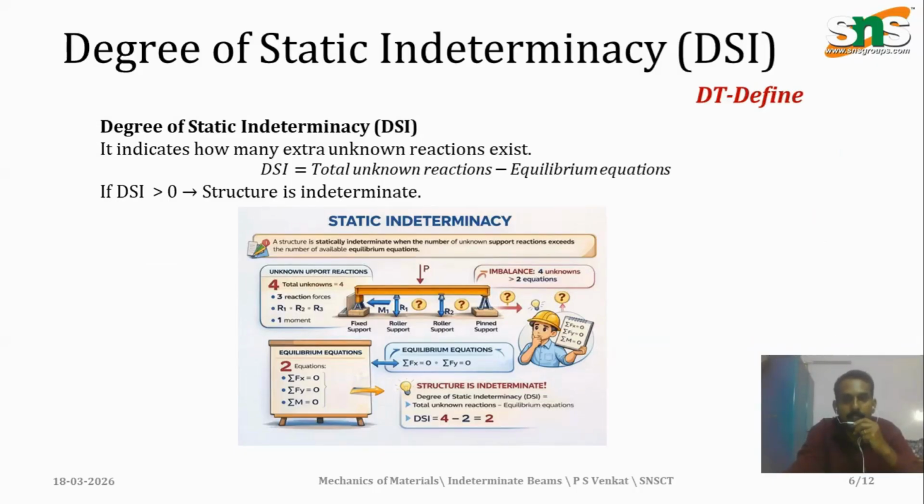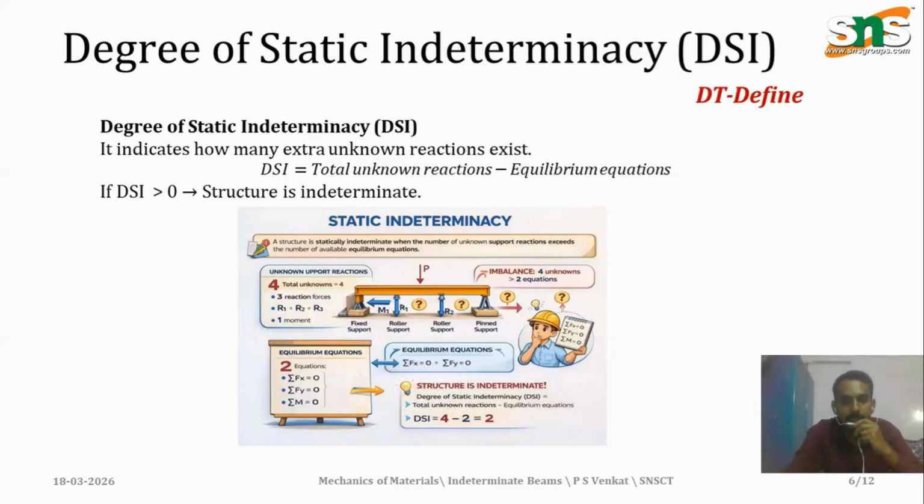To quantify indeterminacy, we use the degree of static indeterminacy. It is computed from the difference of total unknown reactions and the number of equilibrium equations. If DSI is equal to 0, it is said to be a determinate structure. If it is greater than 0, it is said to be an indeterminate structure. So a beam with three unknowns and three equations has a degree of static indeterminacy of 0.